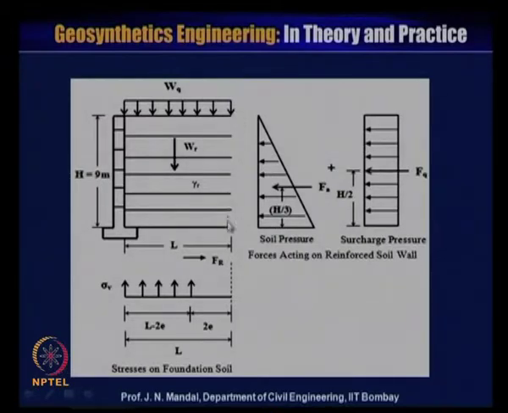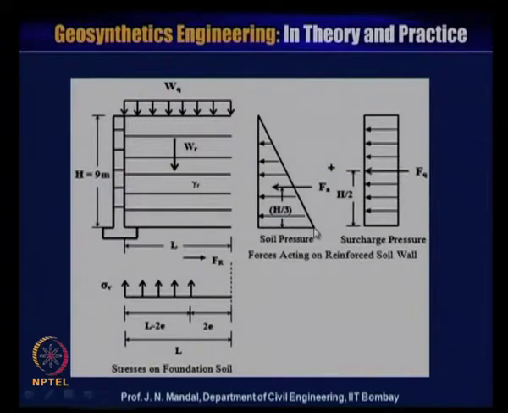So, this is the backfill here. The forces acting on the reinforced soil wall are due to the soil pressure. You can see the triangular distribution, and this pressure force acts at a height of h by 3, if h is the height of this reinforced soil wall. So, this horizontal force for the soil pressure acts at a distance of h by 3 from the base.